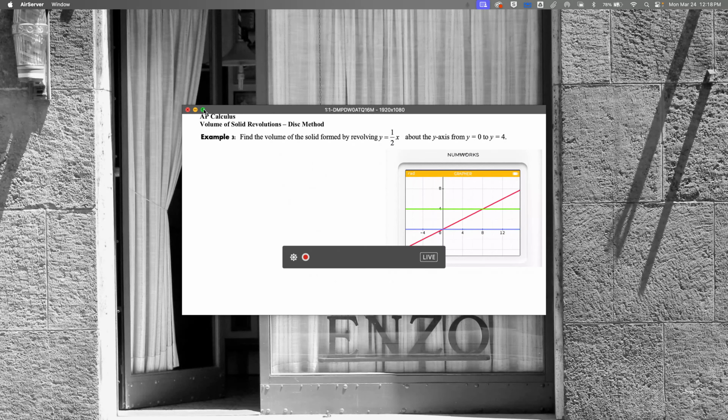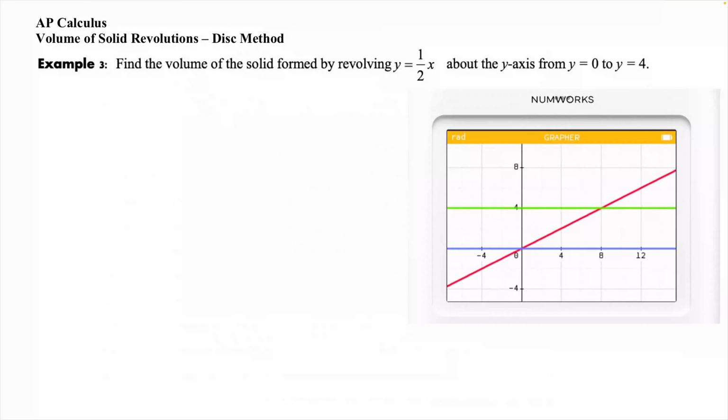So label which one's which. On mine, the red is y equals 1/2 x. The green is y equals 4. And the blue is y equals 0. There's actually another one on here, the y-axis.